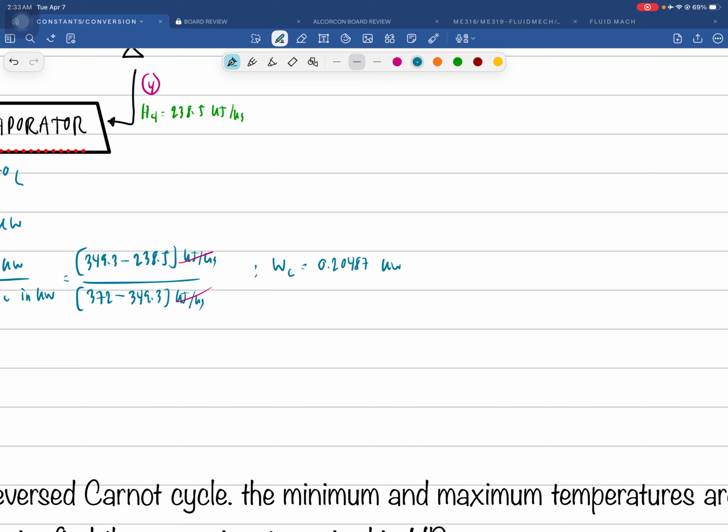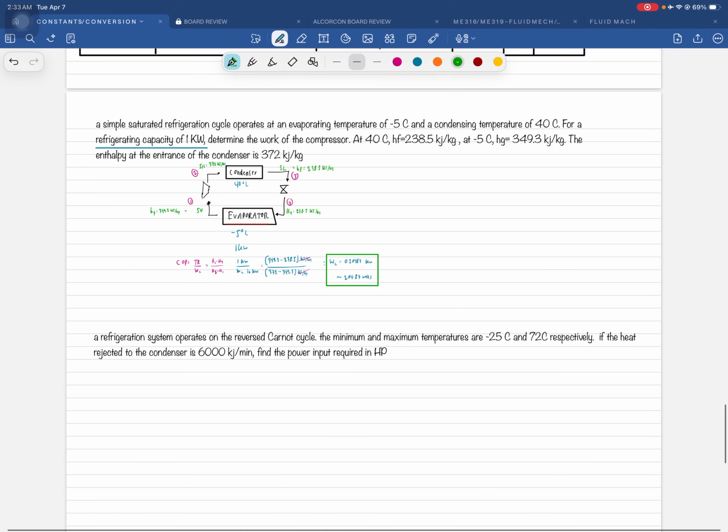Or approximately what? Approximately 204.87 watts. Or if you want, just convert them to HP, no? Okay. So yun na yung final answer.